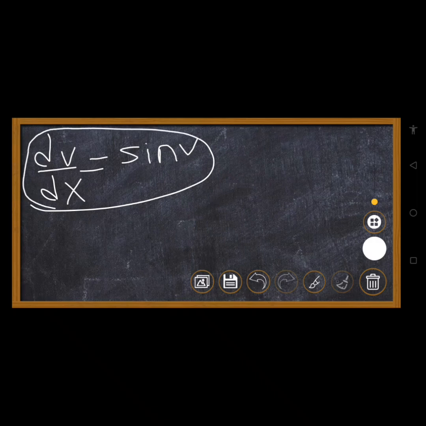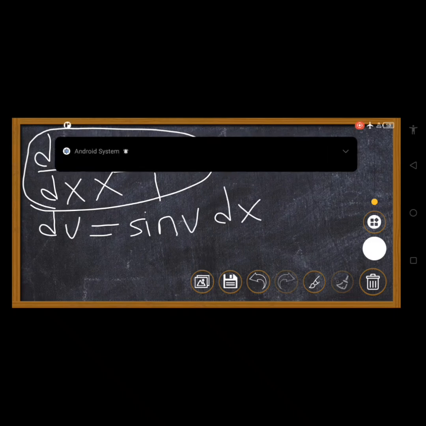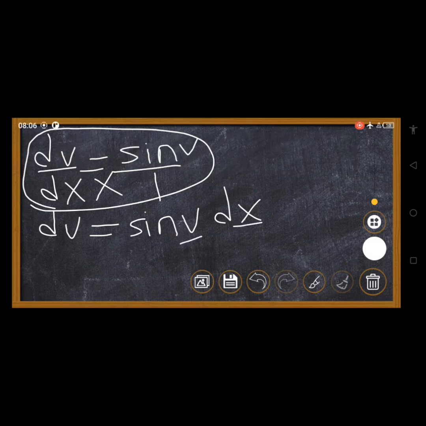So now we have expressed our expression into a separable differential equation. Now, since we have done that, let's simplify this. We can cross multiply here. Here we have dv equals to sine v dx. We are integrating this with respect to x, but here we have v. We are also integrating this with respect to v. So we have to take this which has v to the left side. How? By dividing by sine v on both sides.